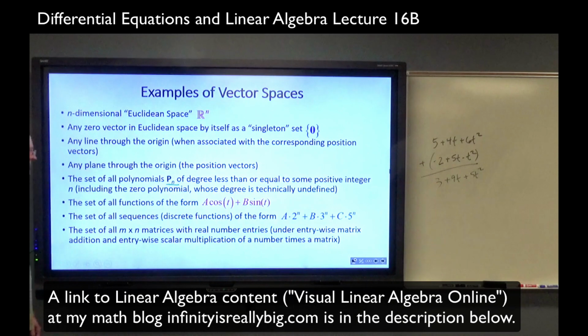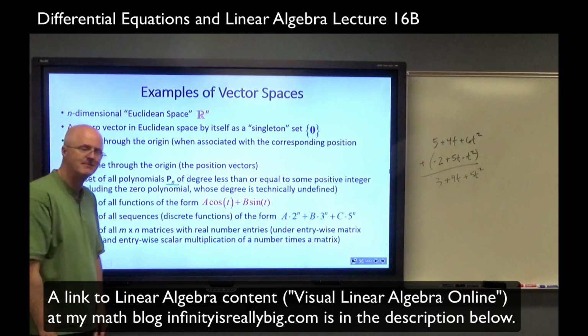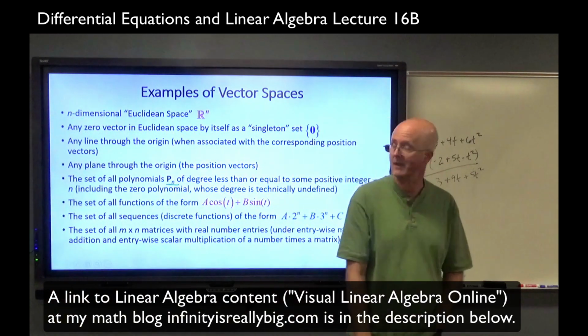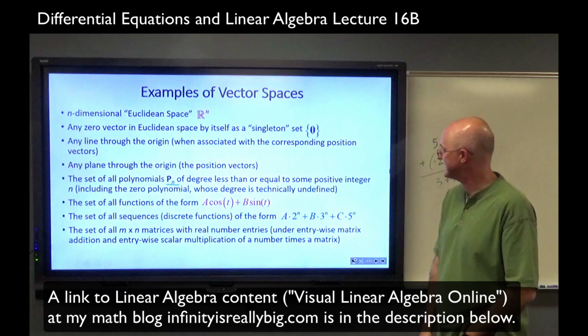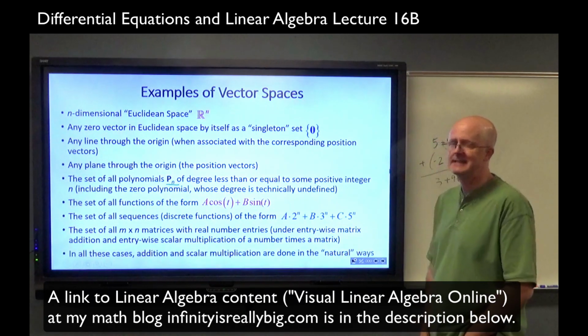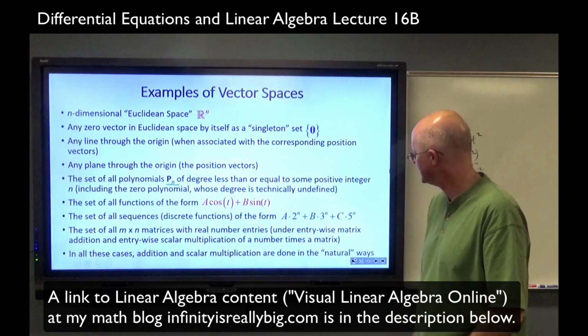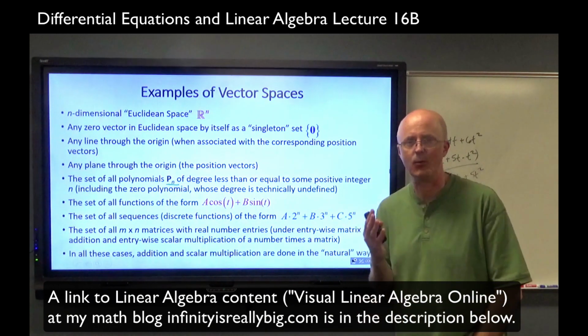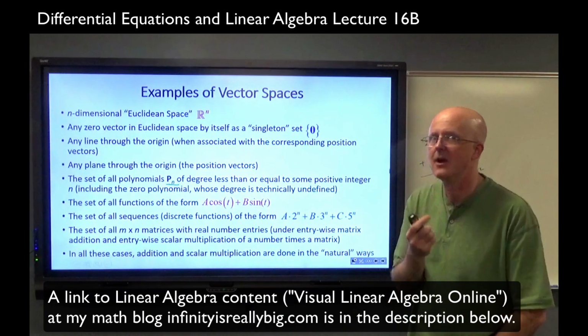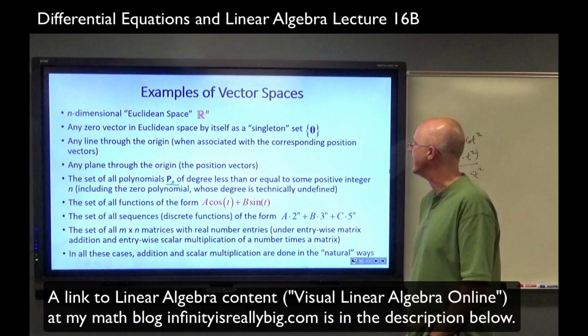The set of all n by n matrices with real number entries, where you add matrices by entry, that's analogous to adding vectors component by component, and when you multiply them by scalars, you're multiplying those entry by entry. In all these cases, it is assumed that addition and scalar multiplication are done in the natural way. We're not doing anything weird here, though you might try doing weird things sometimes in these kind of settings. We want to do things in the natural way here.